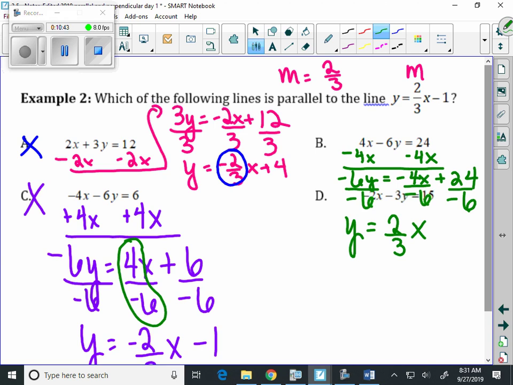And 24 divided by negative 6 is negative 4. What's our slope in this problem? It's 2/3. And it matches there, and we found it. Again, Desmos could be a good way to find your answer as well. Maybe faster.